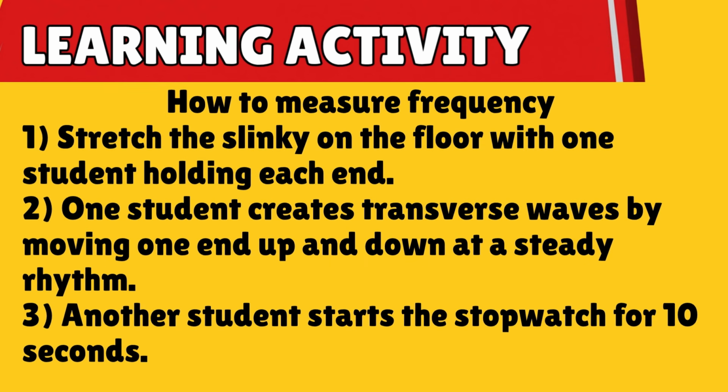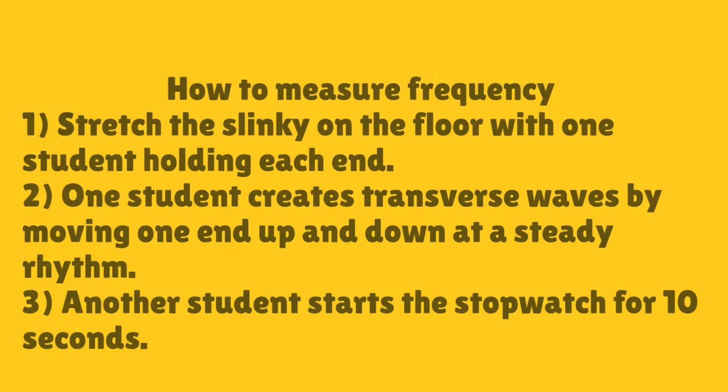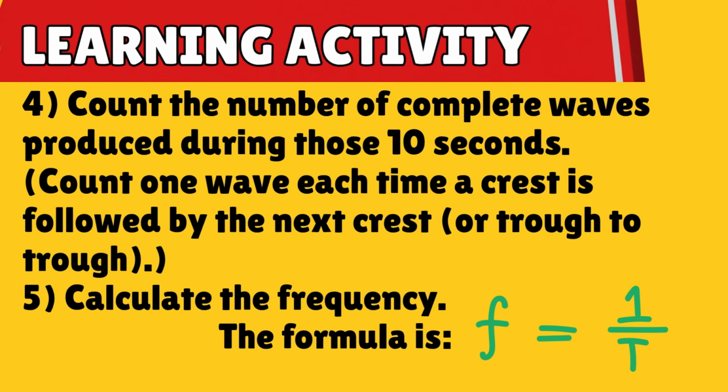Second, one student creates transverse waves by moving one end up and down at a steady rhythm. Number 3, another student starts the stopwatch for 10 seconds, and then counts the number of complete waves produced during those 10 seconds. Count one wave each time a crest is followed by the next crest, or trough to trough.